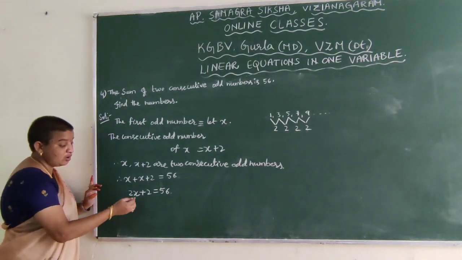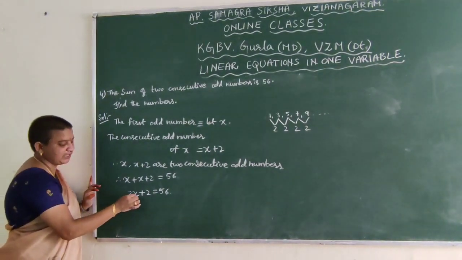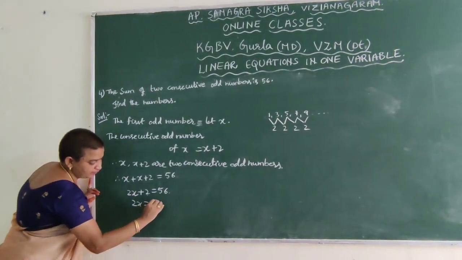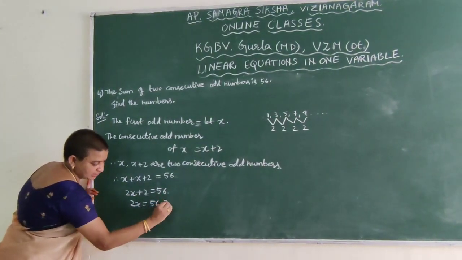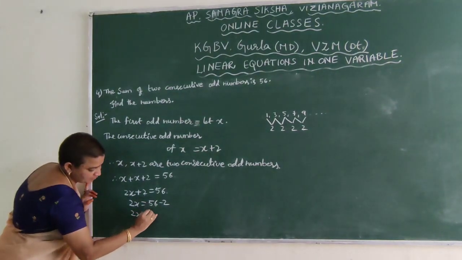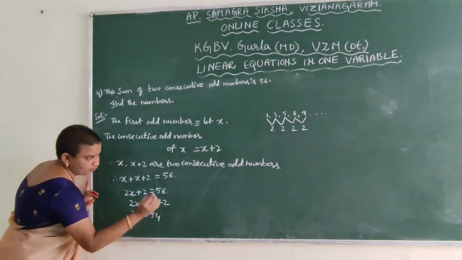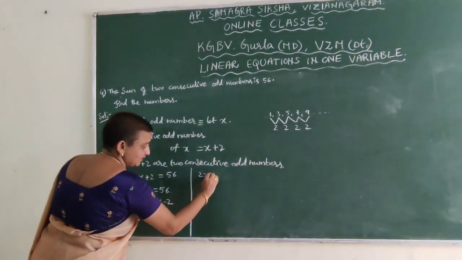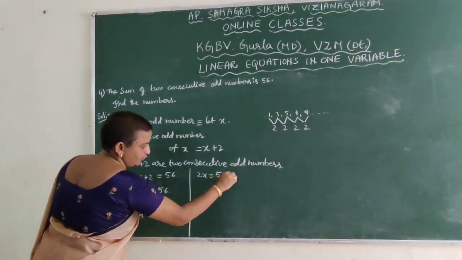We have to find the value of x. That's why we have to transpose 2. So 2x is equal to 56 minus 2, that means 2x is equal to 54.